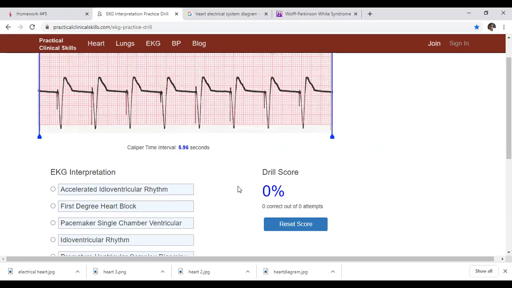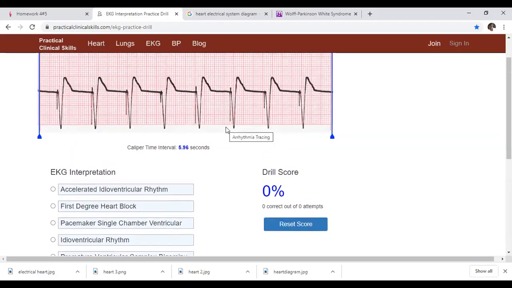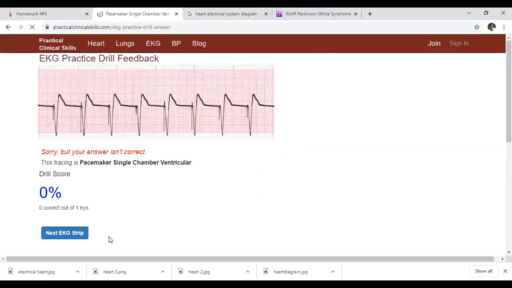But you just tell me what you think it is, and we'll find out. What is that? I don't think we've even really looked at that one yet. Let's click it and see.